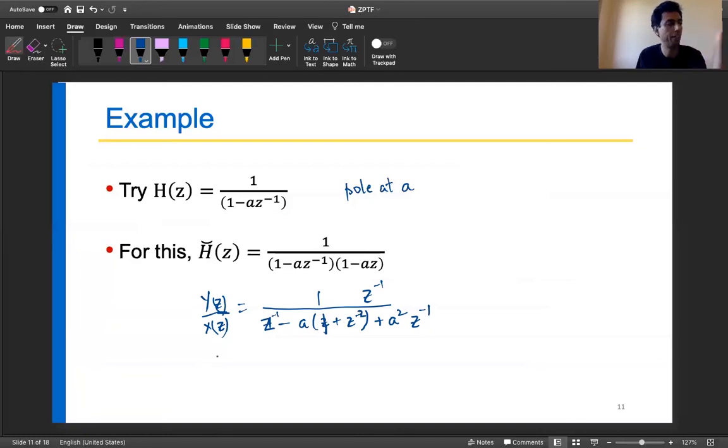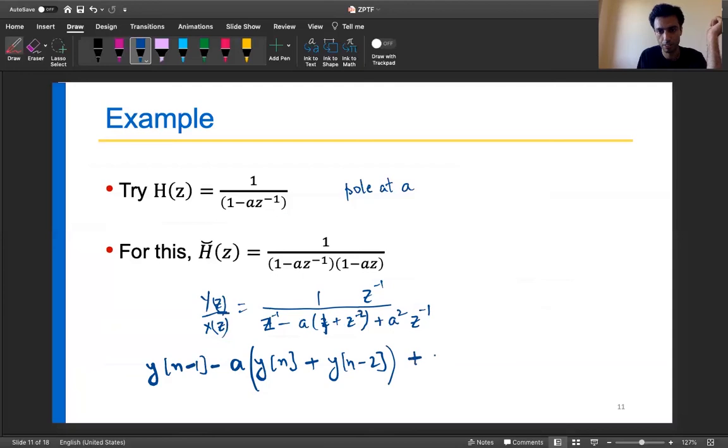So now Y(z) becomes, if I take an inverse z transform, y[n-1] minus a times (y[n] plus y[n-2]) plus a square y[n-1] is equal to x[n-1].